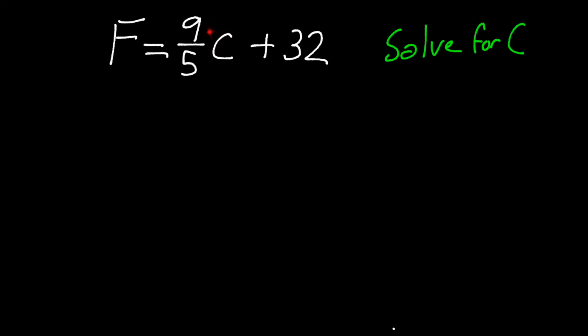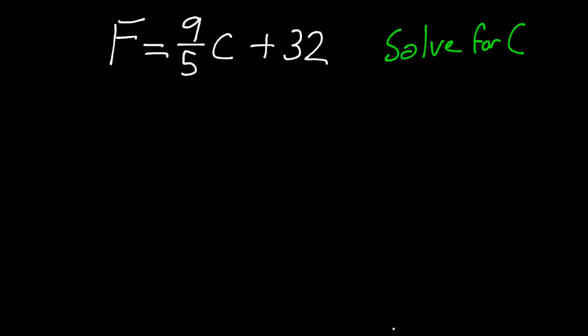Alright, so I want to solve for c. c is being multiplied by 9/5, and then having 32 added to it. So if I want to solve for c, we can treat this as if it was one of our two-step equations and first get rid of our constant.